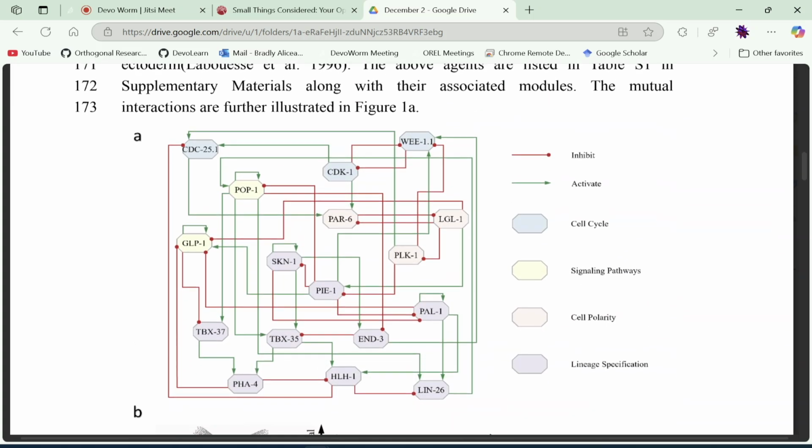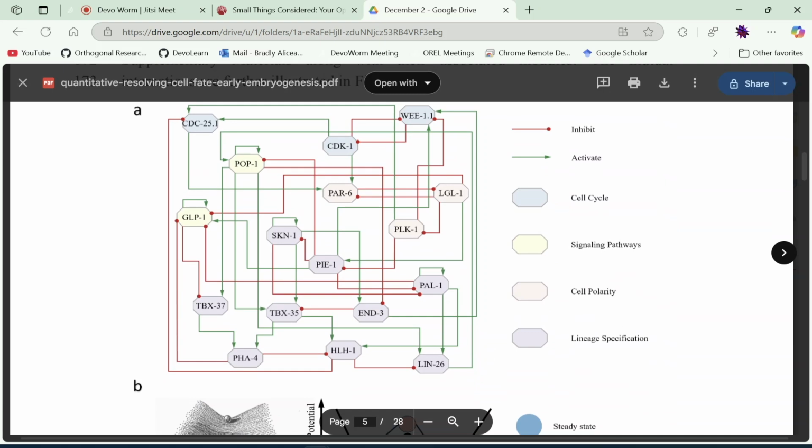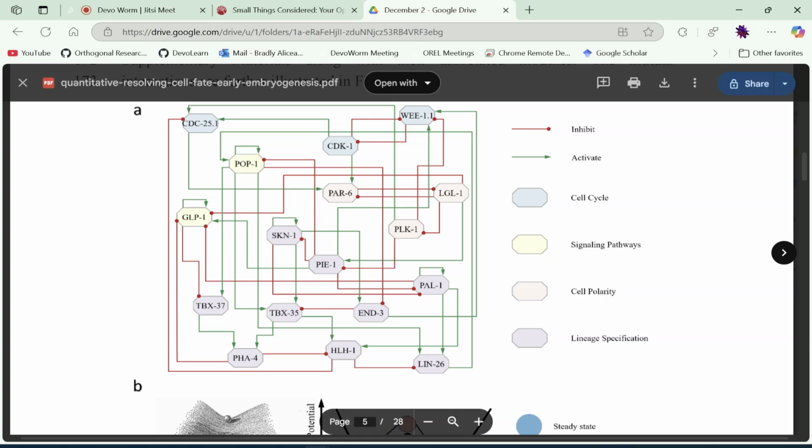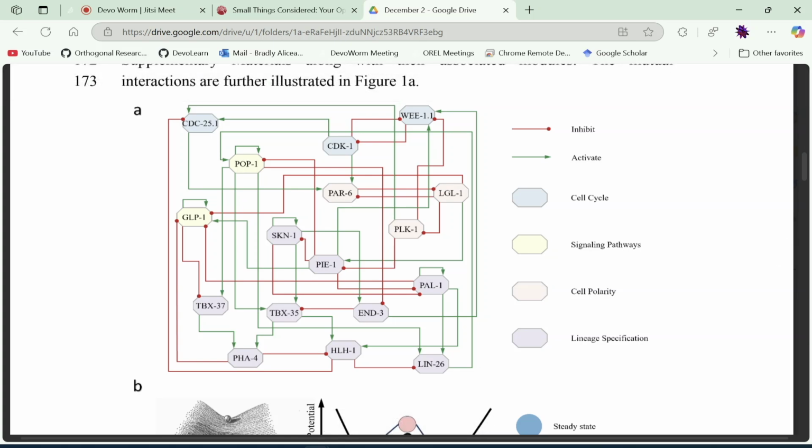This is the network. You see that you have these different proteins, and they just described what the functions are. They're also color-coded here. We have cell cycle in blue, signaling pathways in yellow, which is Wnt and Notch, respectively. We have cell polarity, PAR6, LGL1, PLK1, and then lineage specification, which are the things that specify these different lineages down here.